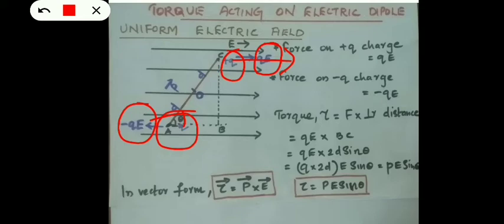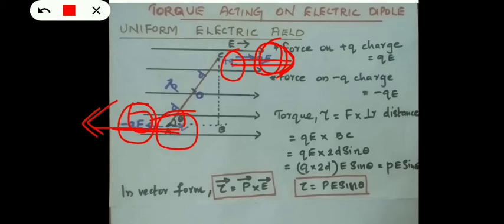So this is the force experienced by plus q charge and this is the force experienced by minus q charge. Both the forces have equal magnitude, that is qE and qE, but the direction is different.